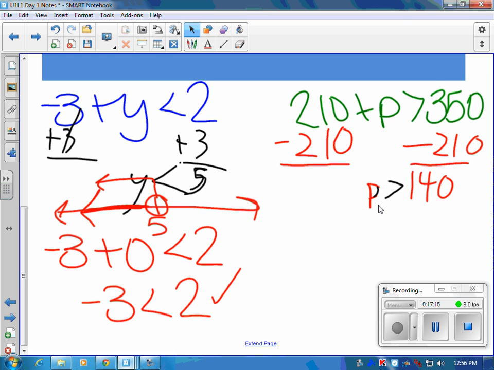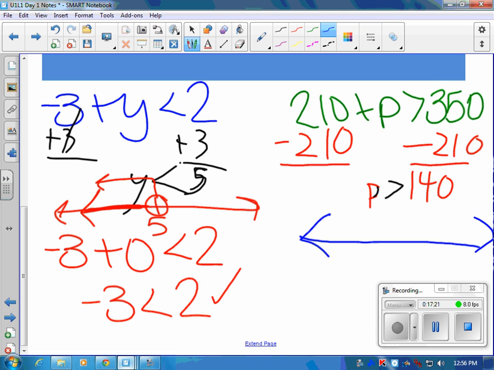Remember to always graph those inequalities. Make sure that you are reading the instructions for all the questions, because it will usually tell you, solve the inequality and graph your solutions. All right, so Ethan says we need an open circle.